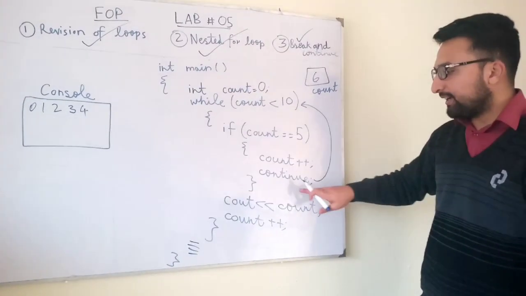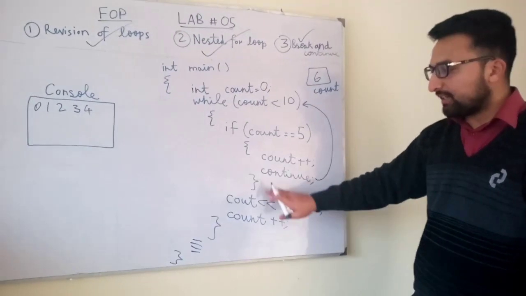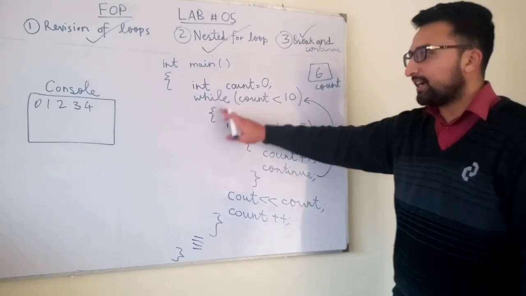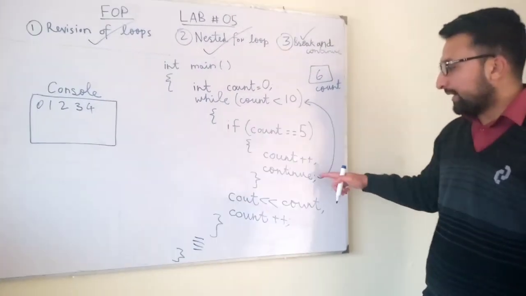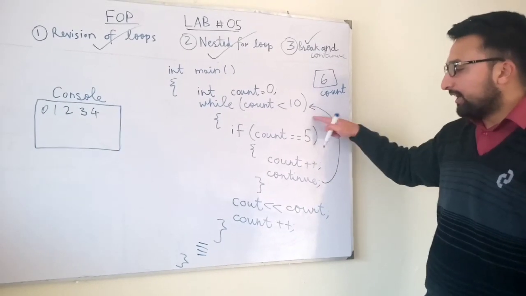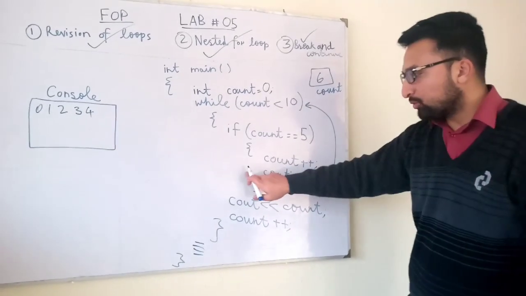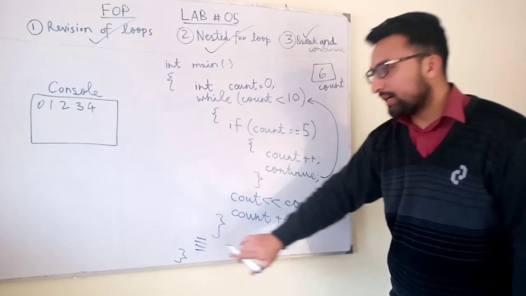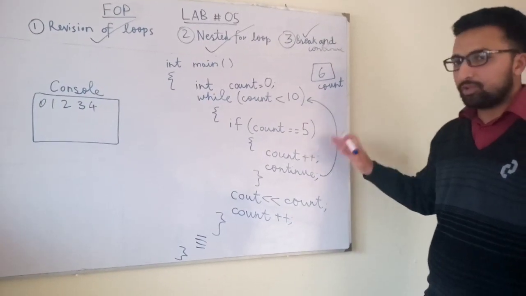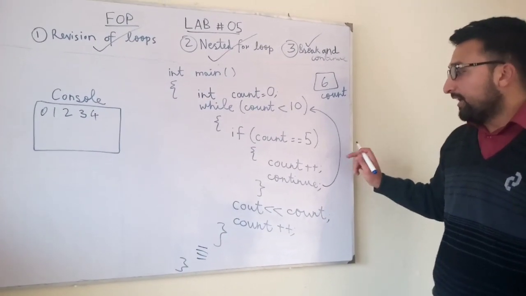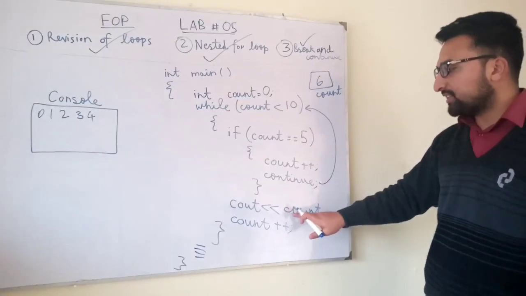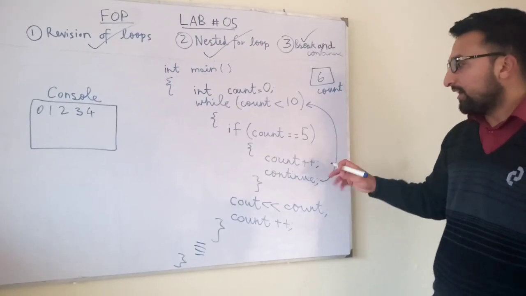It will skip anything written after the continue statement inside the while loop. So the compiler goes from here back to here. In the break statement, the compiler used to come from here to outside the while loop, while this does not happen in the continue statement. So anything written after this gets ignored for this particular iteration.